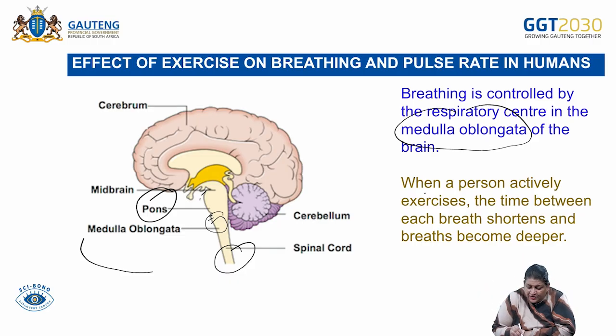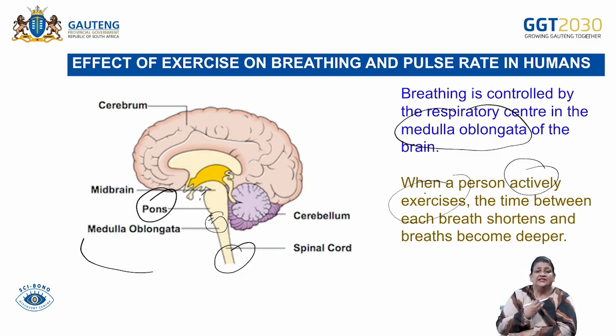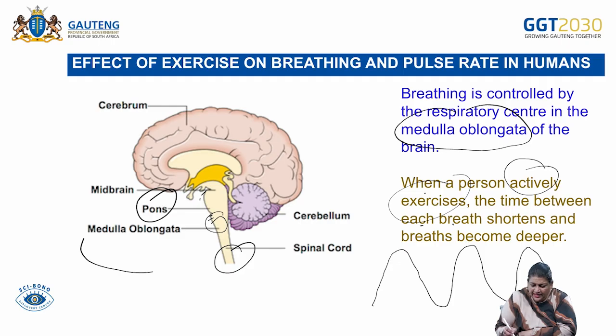So when a person is actively exercising, automatically his heart is going to beat faster and his breathing rate is going to increase. The time between each breath shortens. So now instead of each breath being spaced out like that, when the person is actively exercising and his rate and depth of breathing increases, it's going to go like that, isn't it?